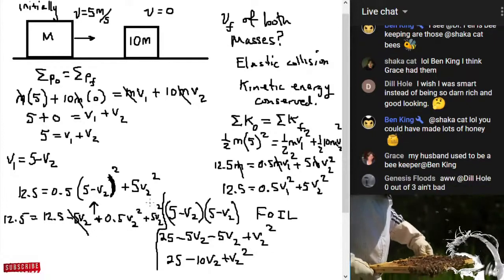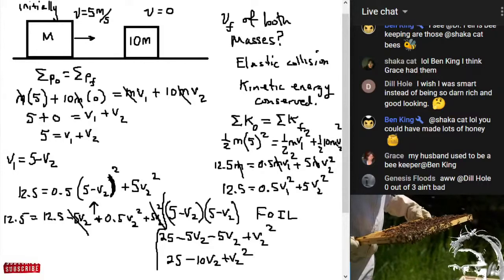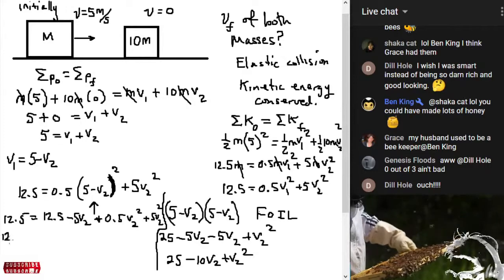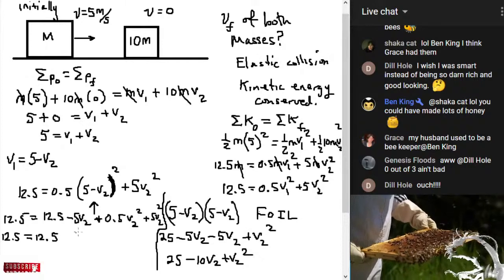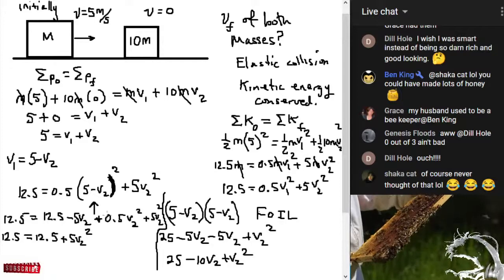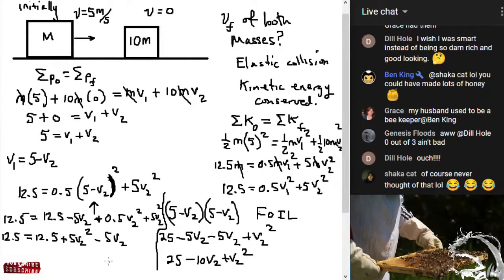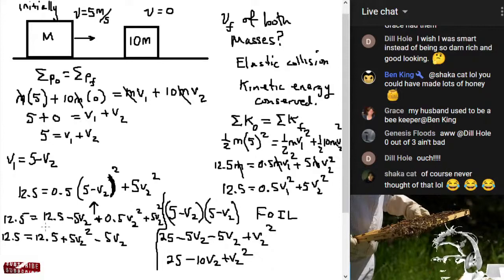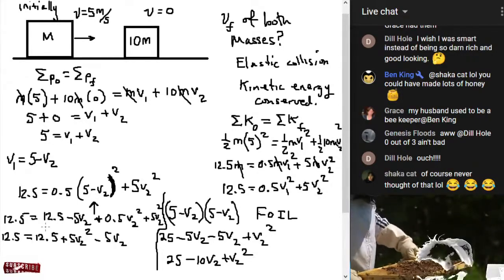This cancels with this. And then, oh, it doesn't. Sorry, what am I doing? Wrong. Okay, these two add. So we get 12 and a half. It's 12.5. This adds, so it's plus 5 v2 squared minus 5 v2. This doesn't seem right. Something's wrong here. That is not right. I messed up somewhere.